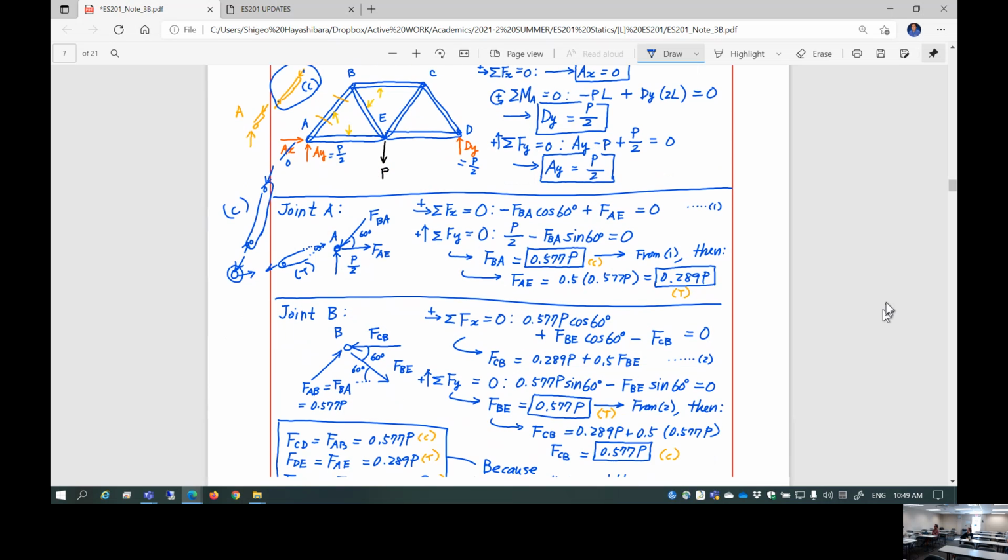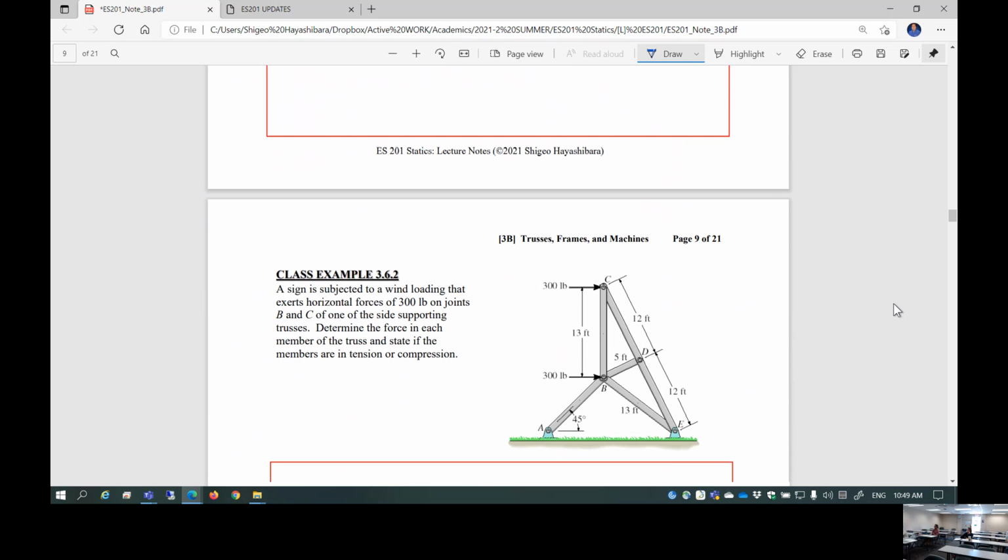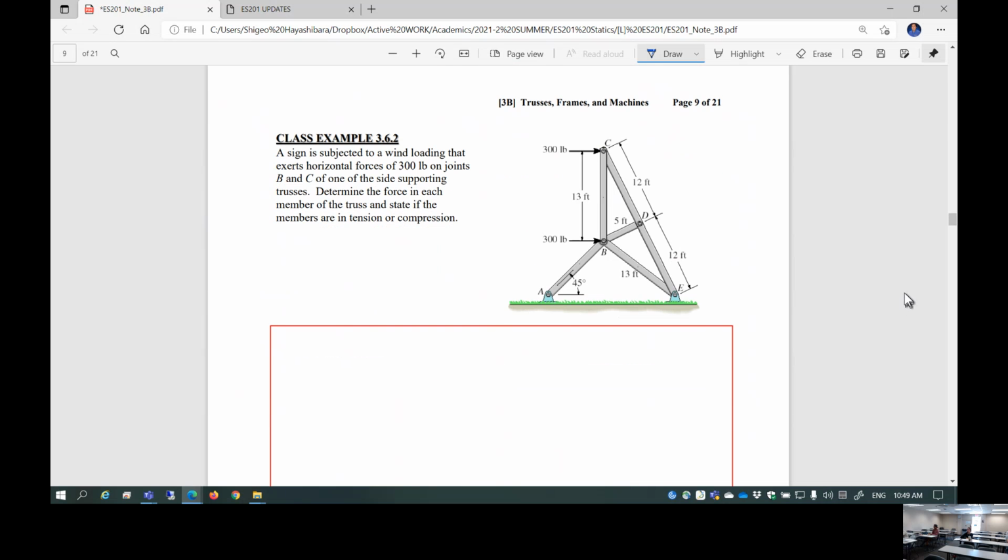Okay, great questions. That's one of those things I was kind of confused about too when I was a student. I don't think I can do this problem, but let's just take care of one thing. Do you have a zero force member for this structure? Joint D is created by member CD, member DE, and member BD.